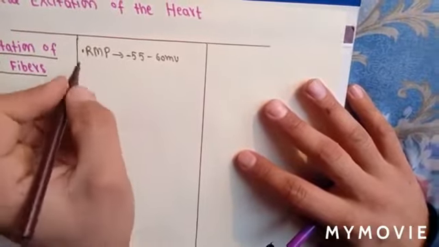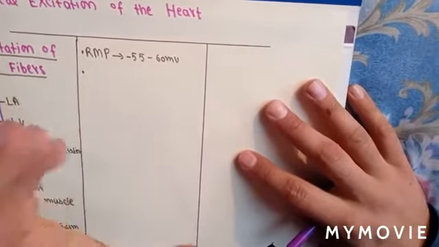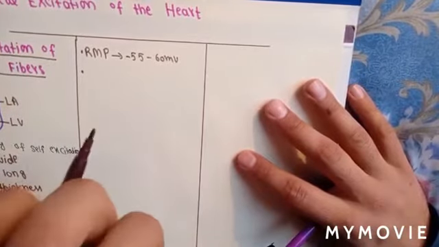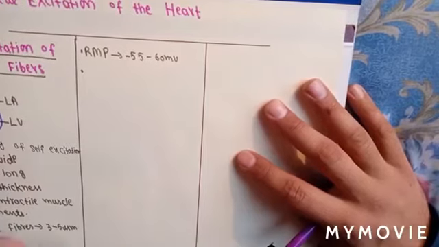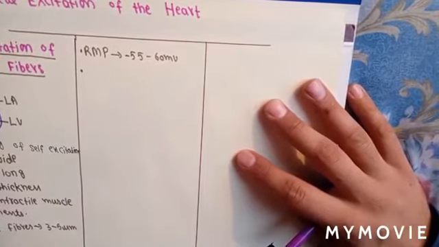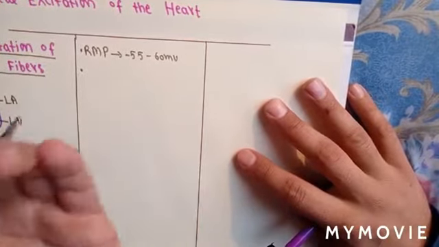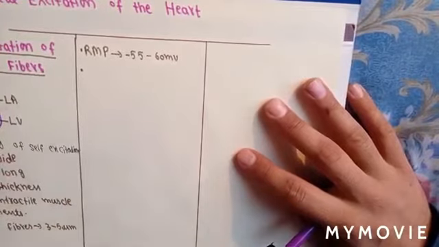They are less negative because their membranes are leaky to sodium and calcium. Their sodium and calcium leakage occurs as a result of sodium moving inside the cell. As a result, it becomes more positive.